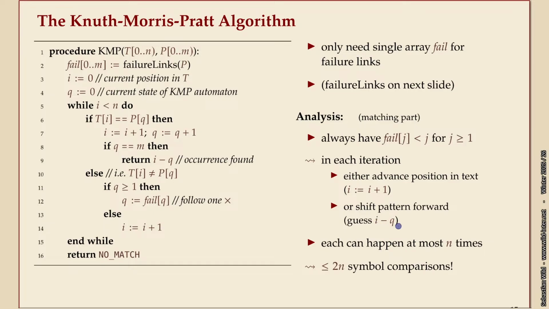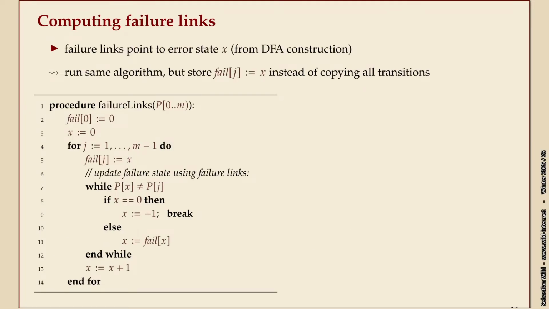And I minus Q can also not be made more than n times bigger. So each of the cases can, summed over all the iterations, only happen at most n times. So after 2n iterations, the loop's done. So even though at first sight it maybe looks like it's slower, it isn't really. Only a factor 2.